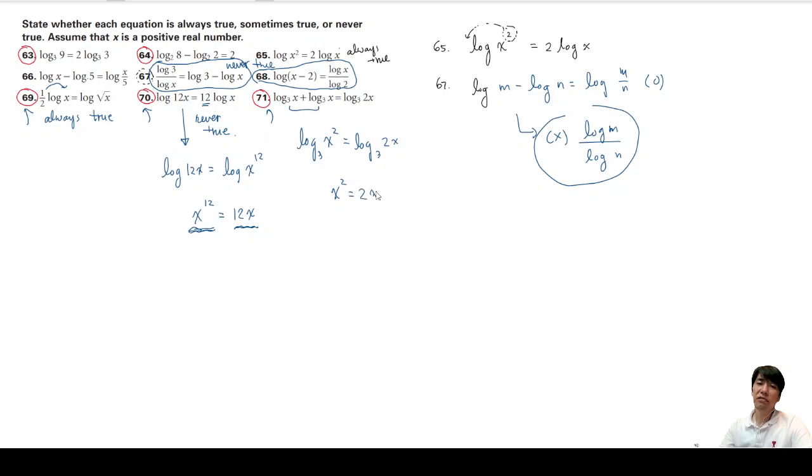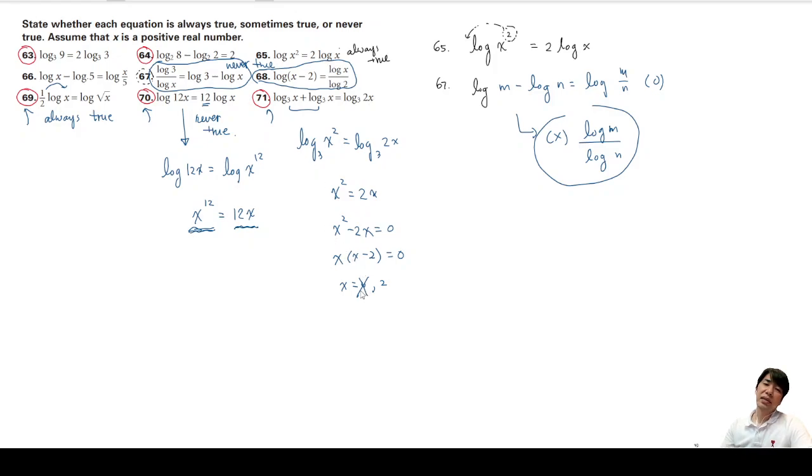Let's solve this equation, so x squared minus 2x is equal to 0. So x times x minus 2 is equal to 0. So x is either 0 or 2, but it says assume x is a positive number, so 0 cannot be our answer.